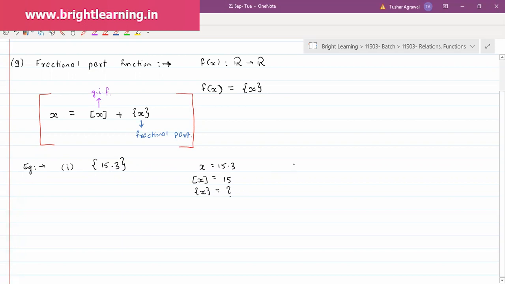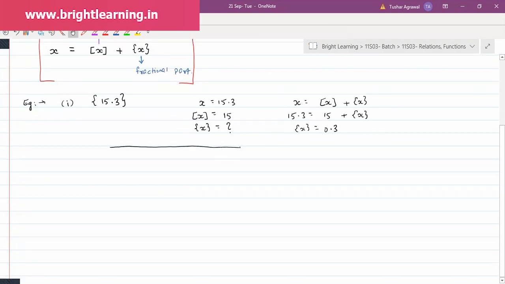I know that x is equal to step x plus the fractional part. So 15.3 is equal to 15 plus whatever is there, and this fractional part is equal to 0.3.